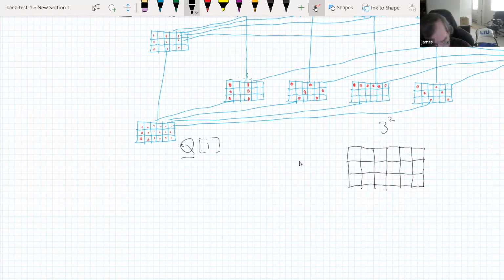So we need a Gaussian prime which has similar properties to the ordinary prime 7. In other words, its general linear group should be of order divisible by 3. And the Gaussian prime that I chose for that purpose is 2 plus 3i.